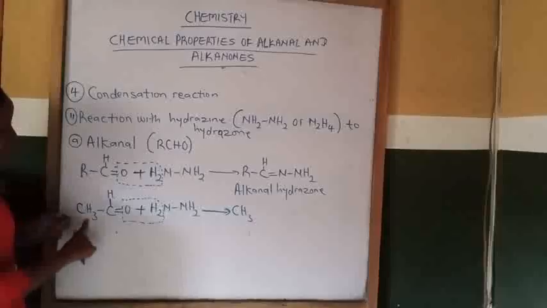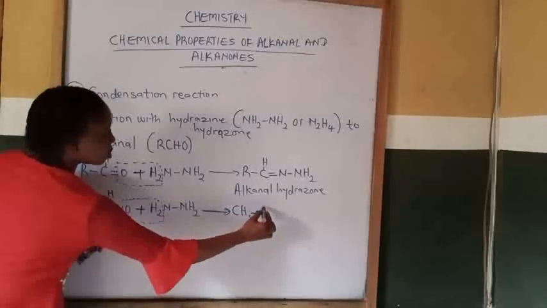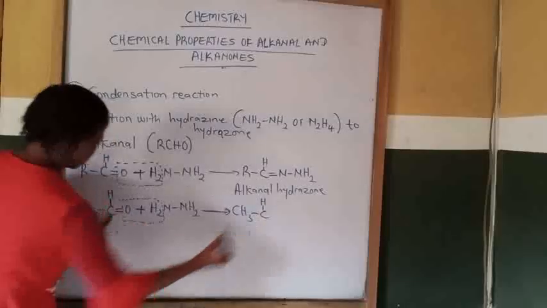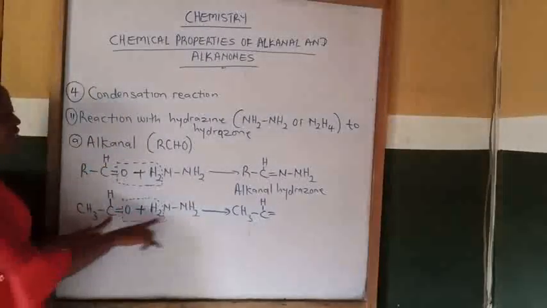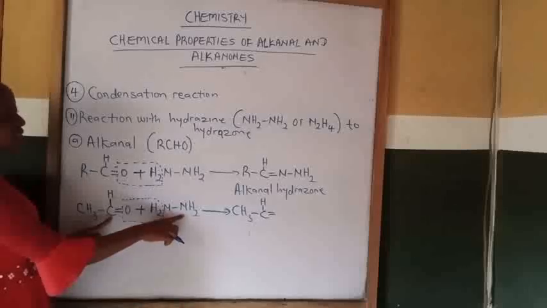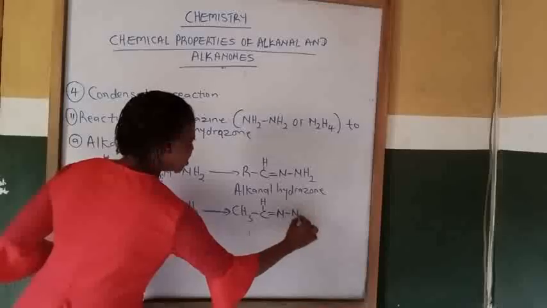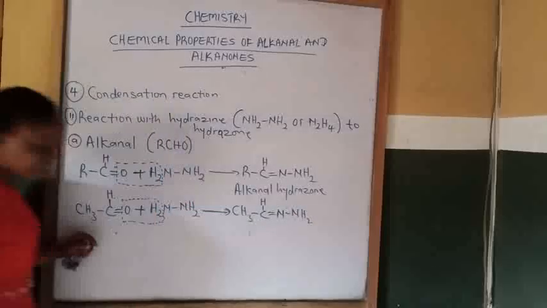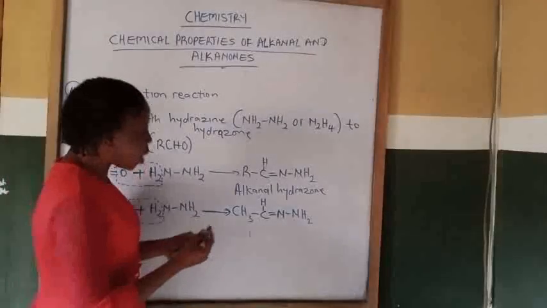Then our product will be CH3, that is this CH3 with carbon atom, then hydrogen, followed by a double bond. It will now connect with the remaining reactant particle here, that is NH2. That is the product formed. Then how can we name our product?